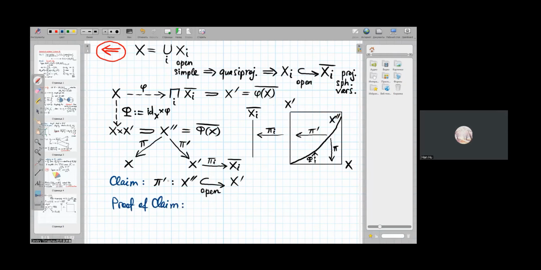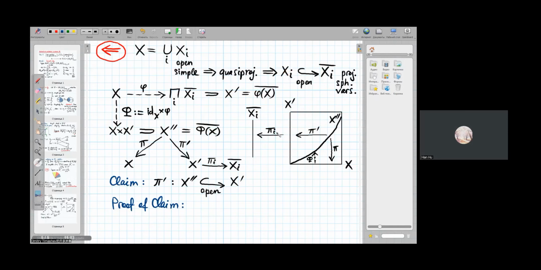So we have these projection maps from X prime to xi bars, to these projective varieties xi bars. And actually X prime is just contained in the product of these varieties. Inside xi bar, we have an open subset xi.